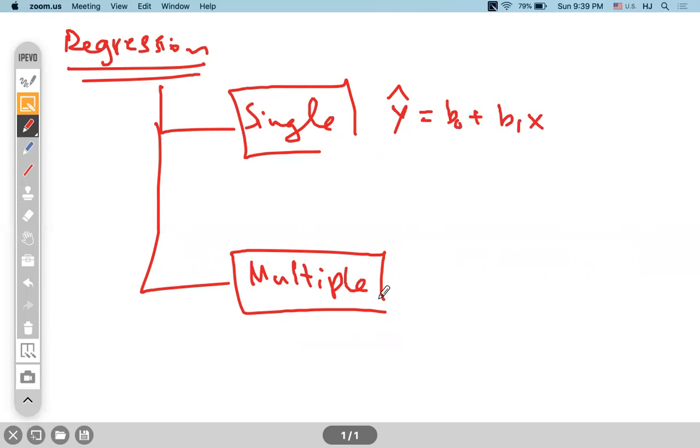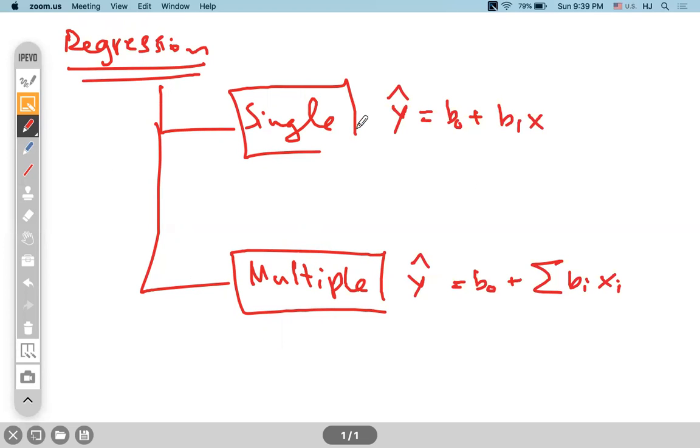With multiple regression, we have y hat and we have b0, and a number of variables, and we try to predict y hat using these variables. It could be x1, x2, x3, x4, any number of variables. So we have multiple variables.